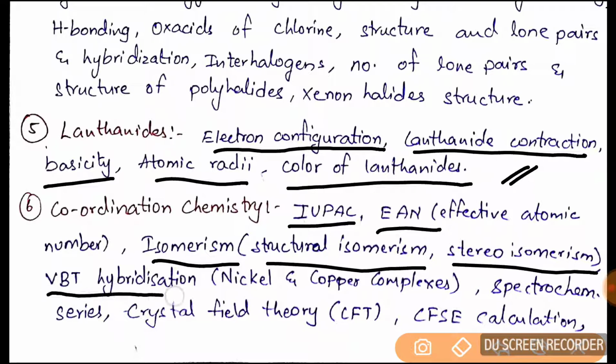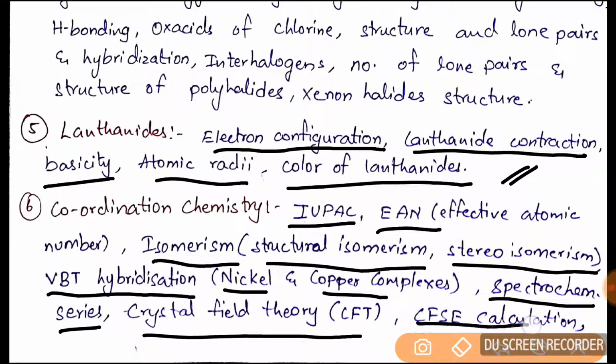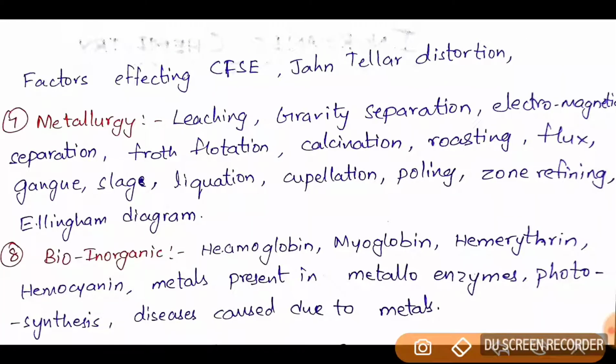And also VBT hybridization, mainly focus on nickel and copper complexes, guys. And spectrochemical series, crystal field theory, and also CFSE calculation. All these areas are very important from coordination chemistry. And factors affecting CFSE is also important, along with Jahn-Teller distortion.